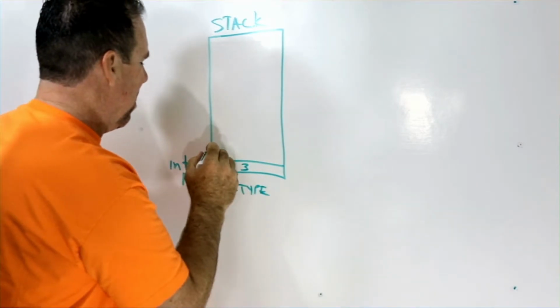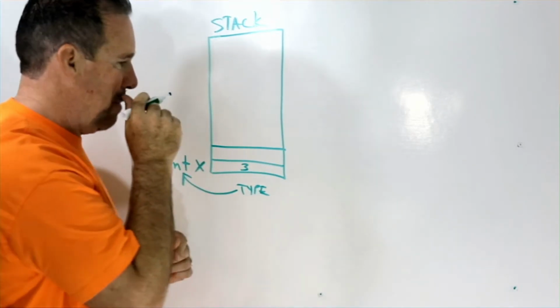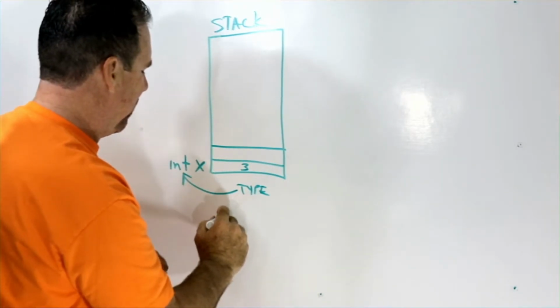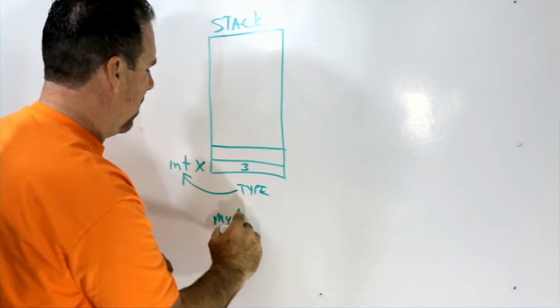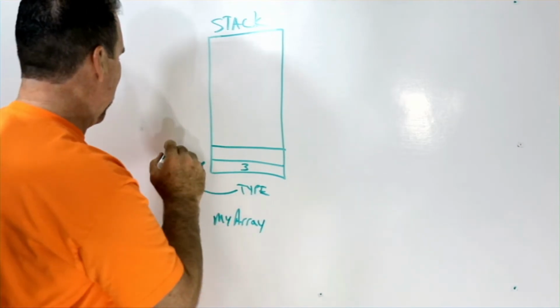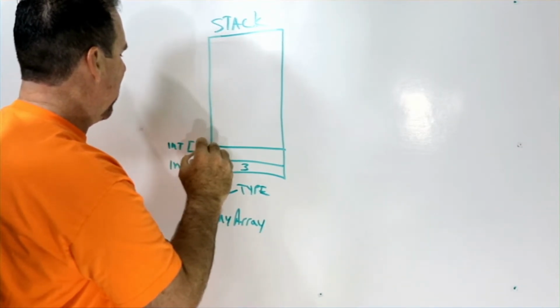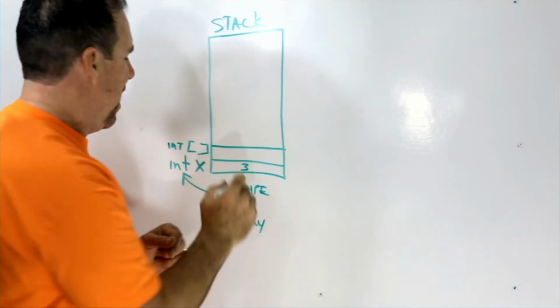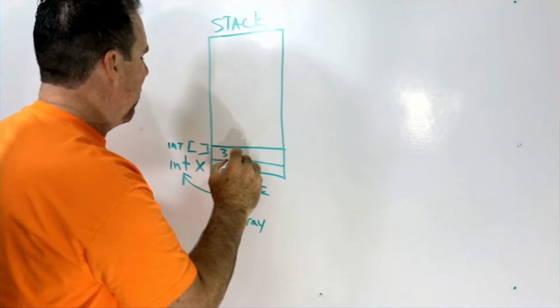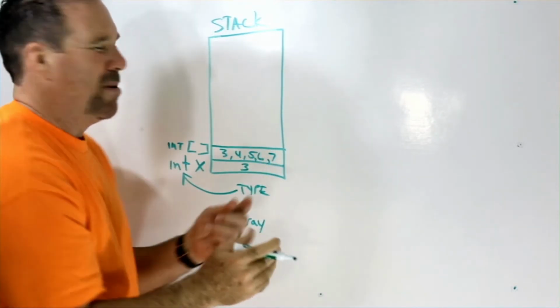Or let's say you had an array, and you named the array my array. You also have to say what's in your array, so you go int, and you put the little brackets, and that's saying it's an array. And you can put a lot of numbers in there. But still it's just numbers.